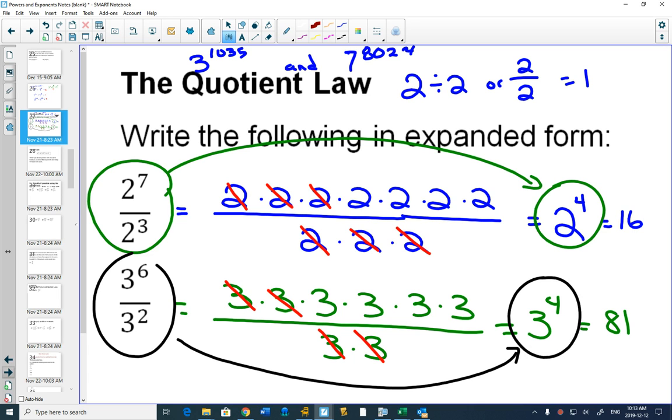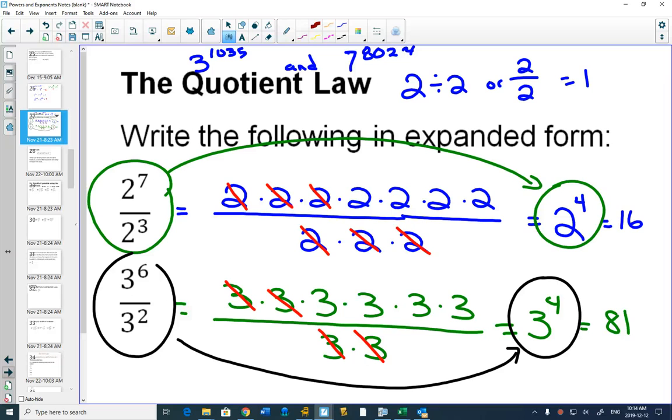So you don't have to show the expanded form. And what that's called is the quotient rule. So when we look at the expanded form, do you notice that, oh, since there were 3 3's on the bottom, it will cancel out with 3 3's on the top? And if they cancel out, how many 3's, or sorry, 2's in this case, how many 2's do you have left?